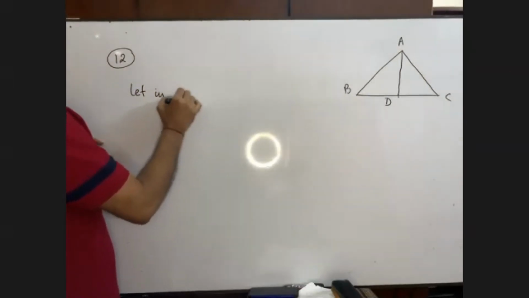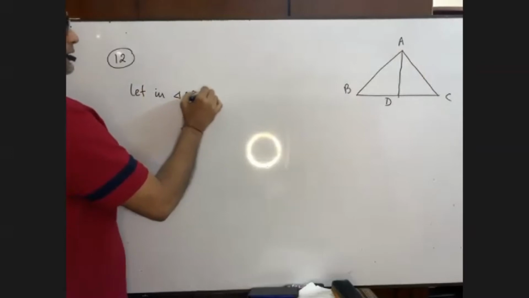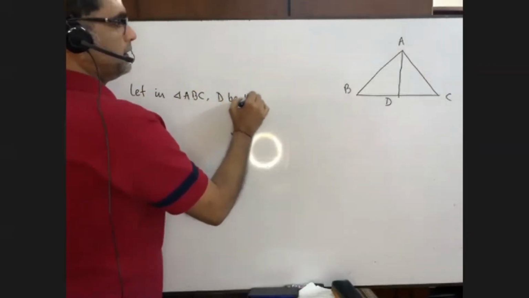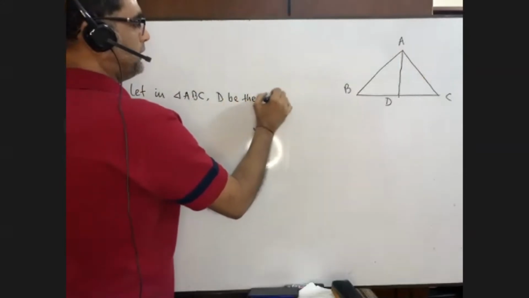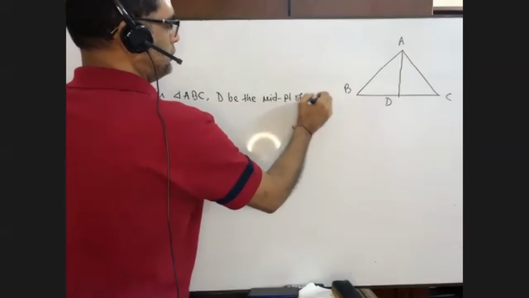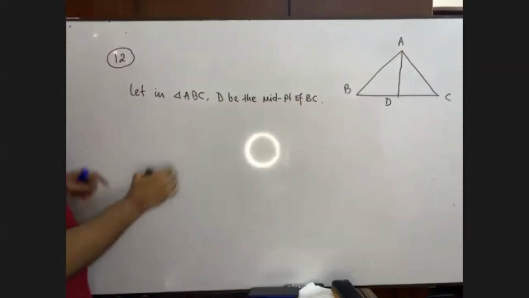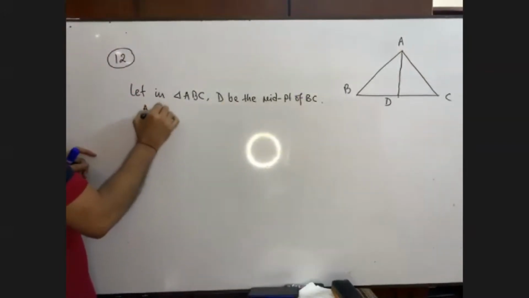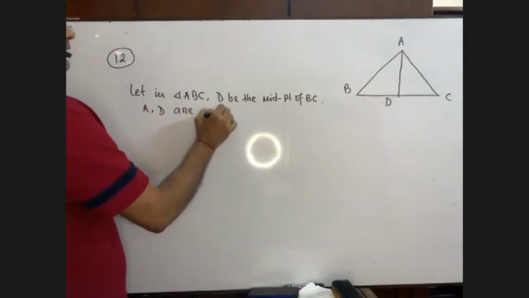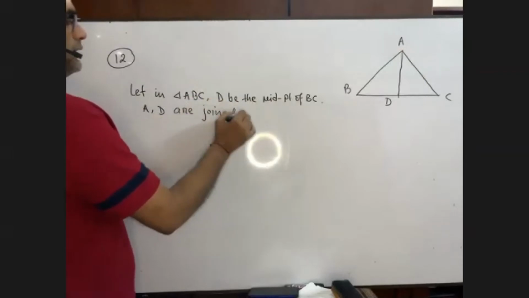Let in triangle ABC, D be the midpoint of BC. A, D are joined.